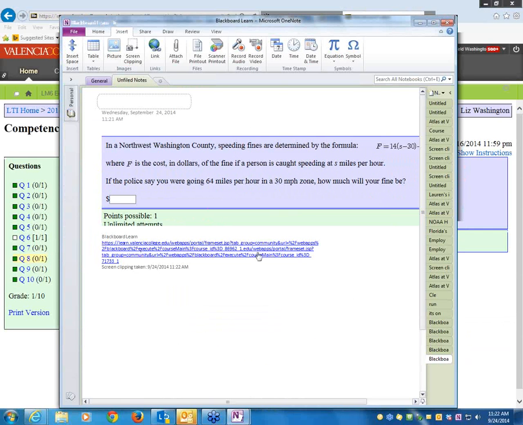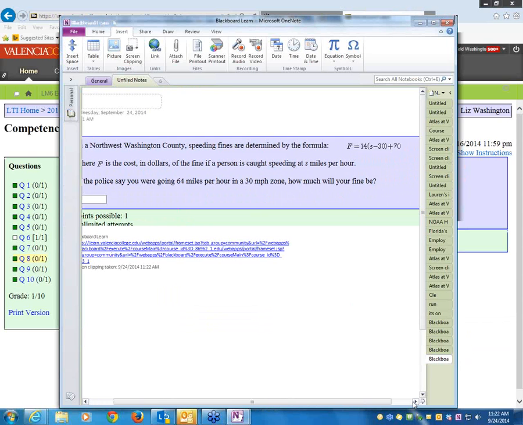Okay, and I'm going to take that equation, F equals 14S minus 30 plus 70. So F equals 14 times, the S in this case was 64, minus 30 plus 70.